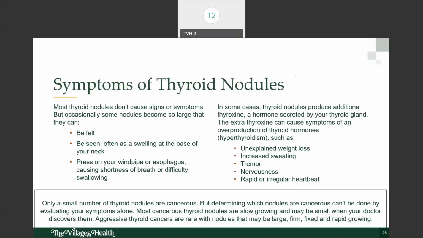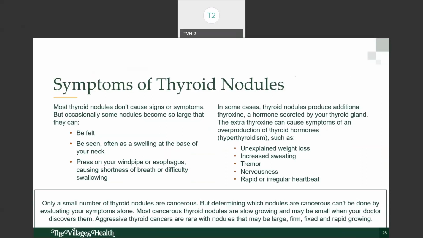Depending on if your thyroid nodules are smaller, maybe they're not causing any additional hormones, then you may not have any symptoms. But as they continue to grow, and if they're producing more of the hormones, you may start to notice some other symptoms to go along with them.